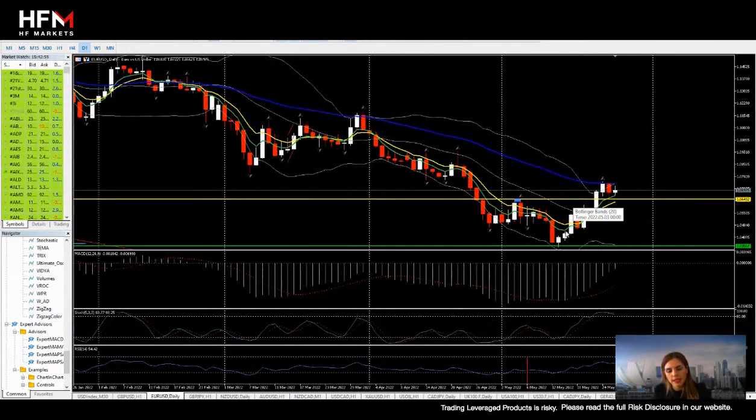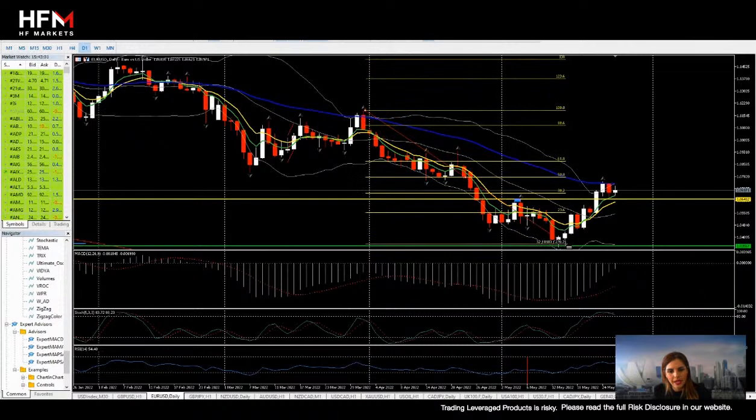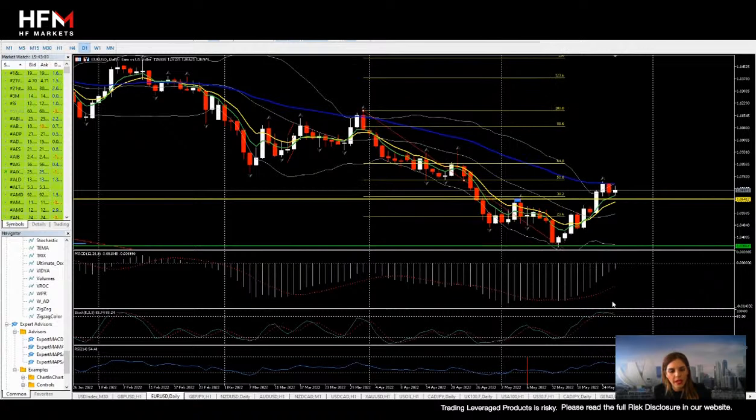So we had a nice bounce, recovering more than 38% of the last month's decline, but as you can see, it remains below the mid area of this latest down leg.